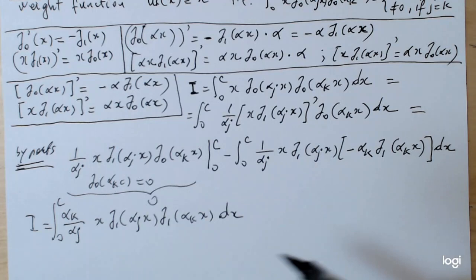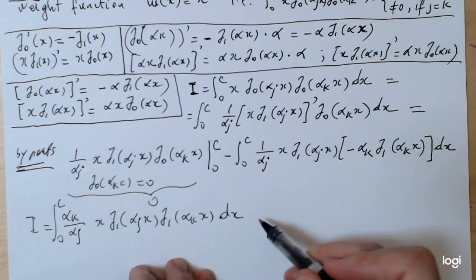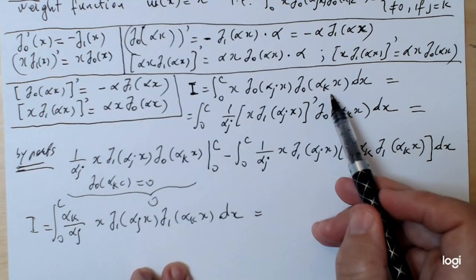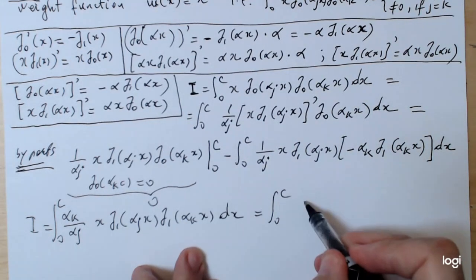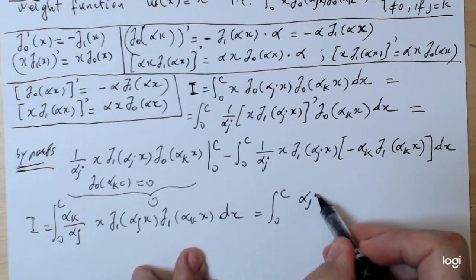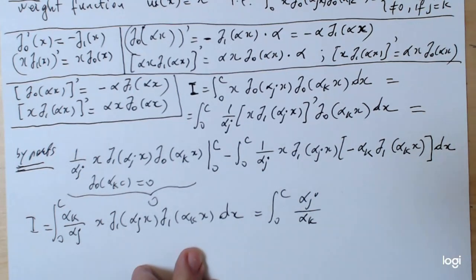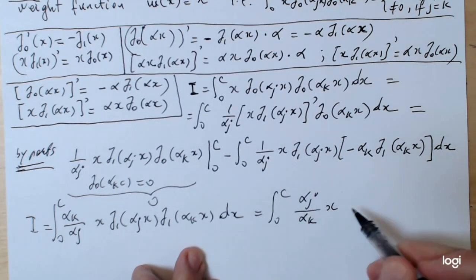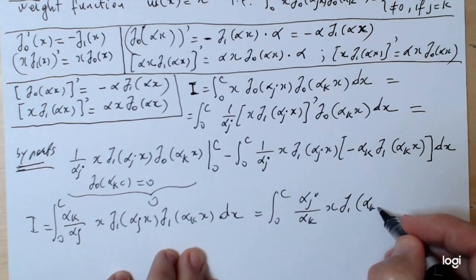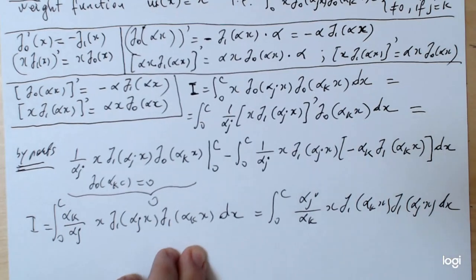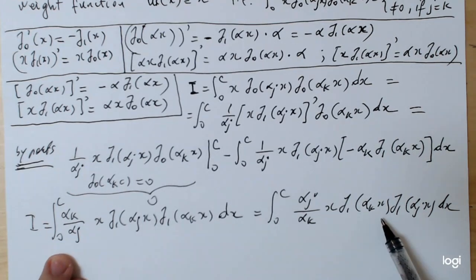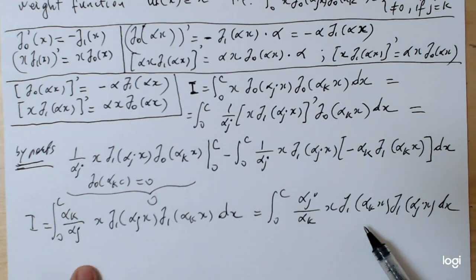So it is obvious that the same integral, if you proceed starting with alpha_k instead, would be equal to the integral from 0 to c alpha_j over alpha_k, so just interchange j with k, x J1 of alpha_k x J1 of alpha_j x dx, just by doing the integration by parts in the same manner. So these two integrals represent the same integral, right? They represent the same value.